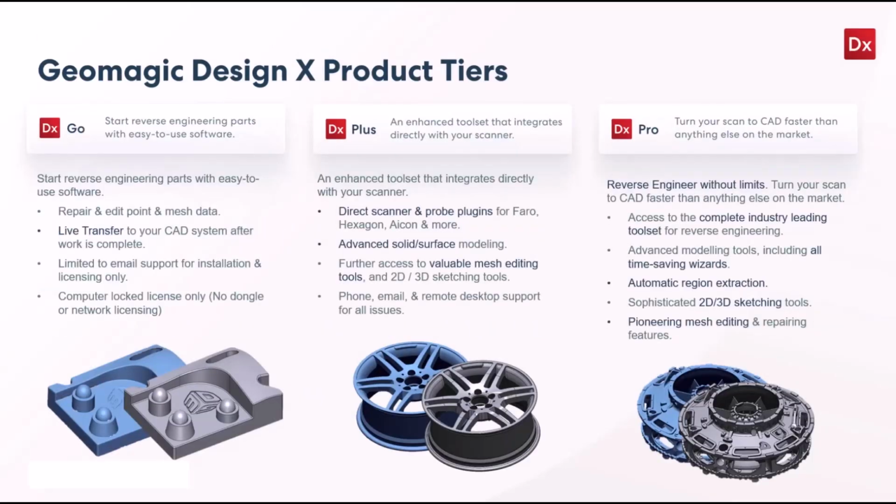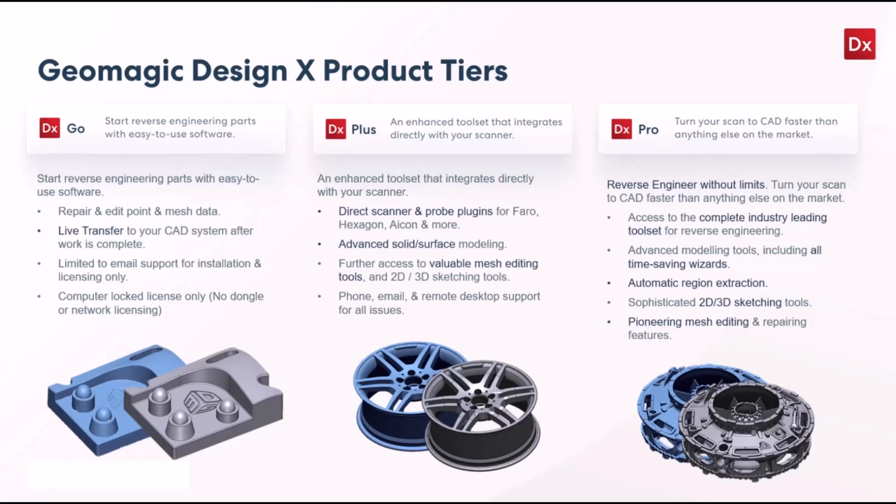As I stated before, Geomagic Design X Pro is part of a complete lineup of software that has three tiers of Go, Plus, and Pro. And again, the differentiators are that Pro has all the tools built in. Plus has plugins and basic modeling tools. And Go primarily is focused on importing data.